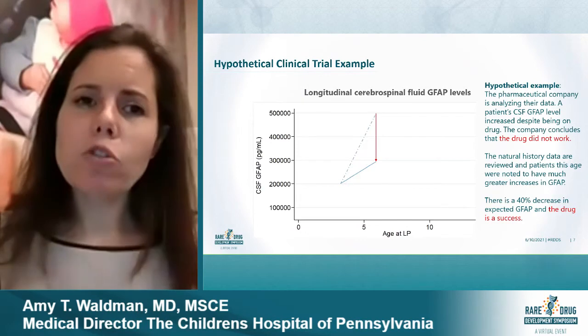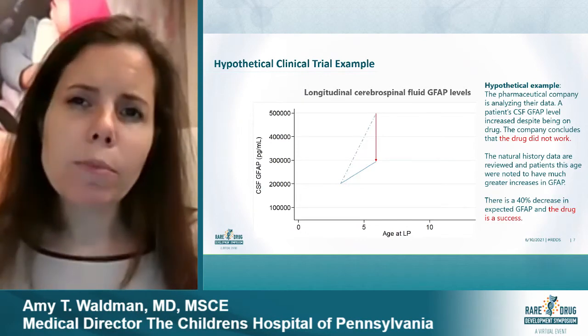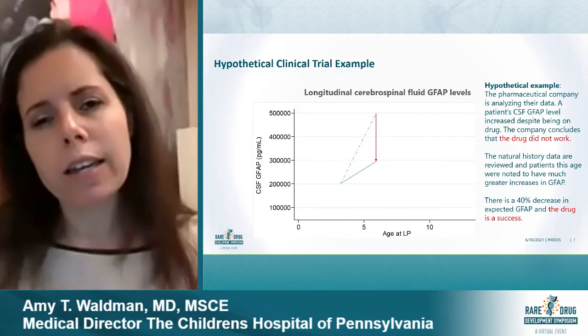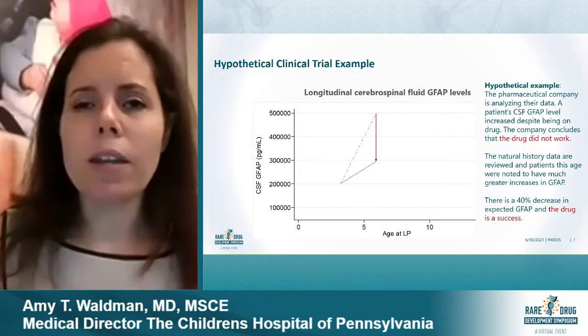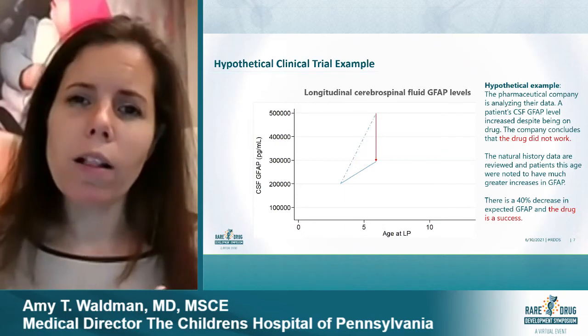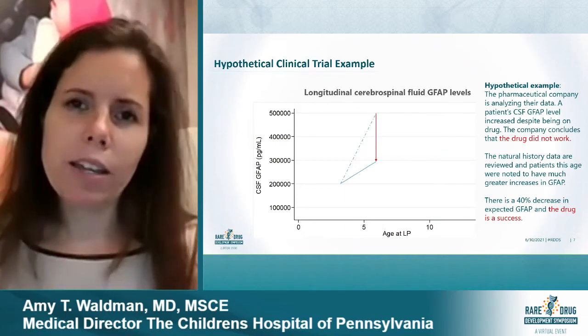So with this type of transparency, explaining to families what we're doing with their data, explaining to families what questions we're trying to answer, has really been a tremendous reward, not only for the families, but for me as well, and we've really been able to engage our patients.